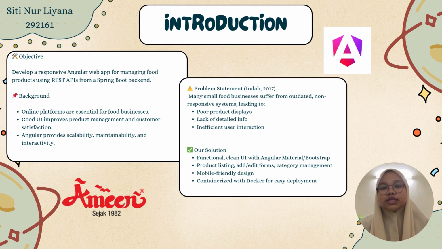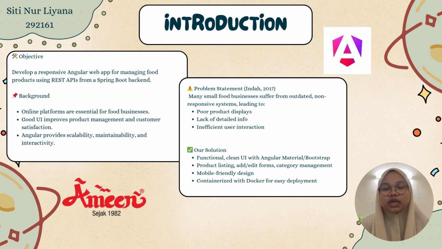The reason this assignment matters is that many small food businesses struggle with outdated and non-responsive systems. Users often face limited menu access, poor product details, and inefficient ordering features, all of which lower customer satisfaction and slow down operations.